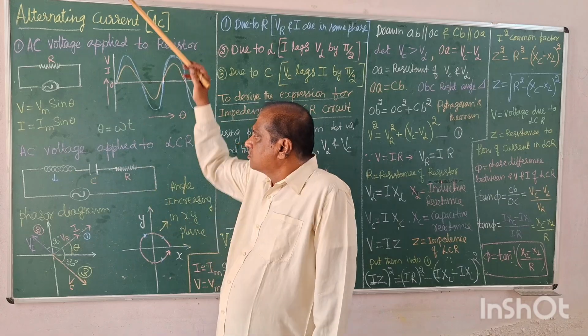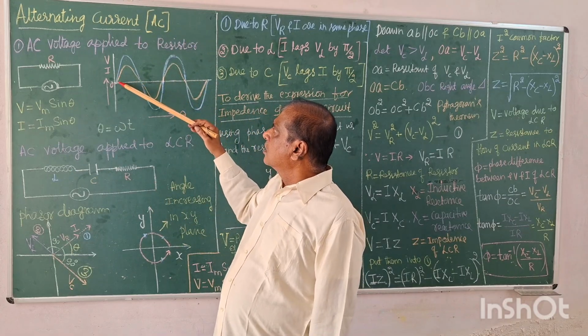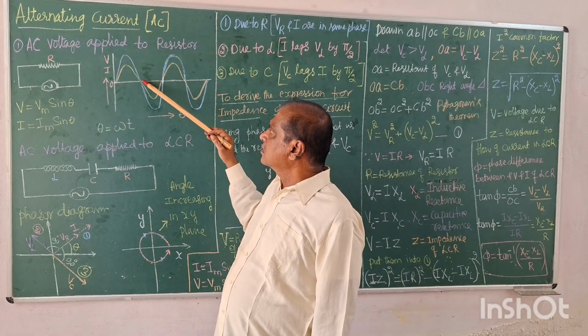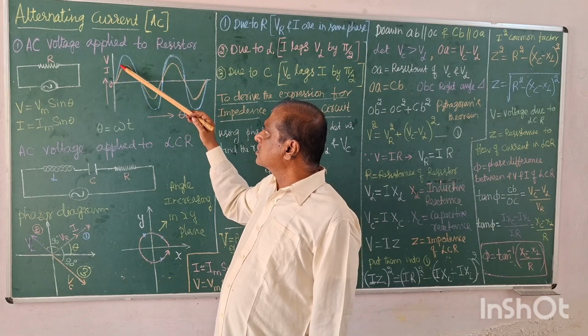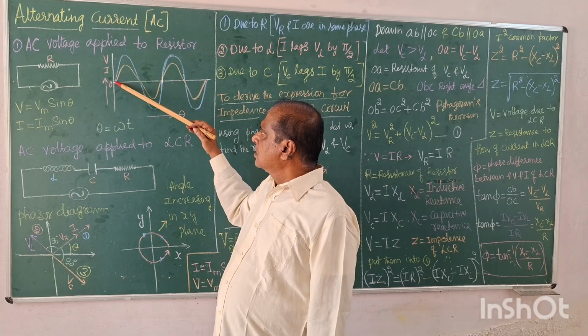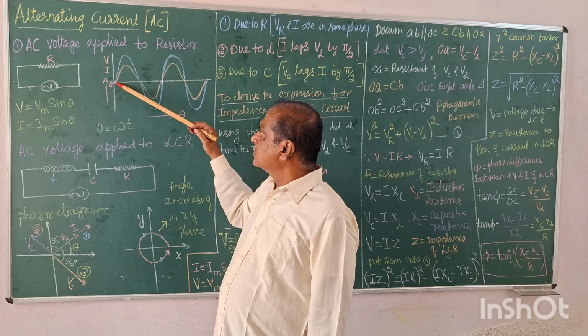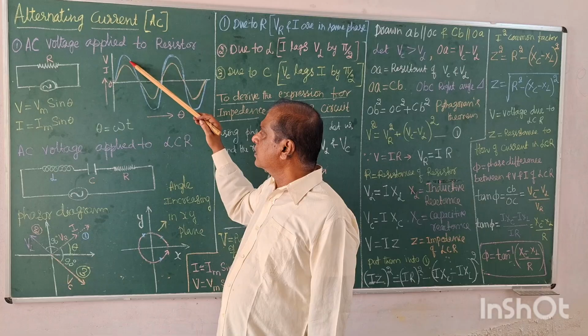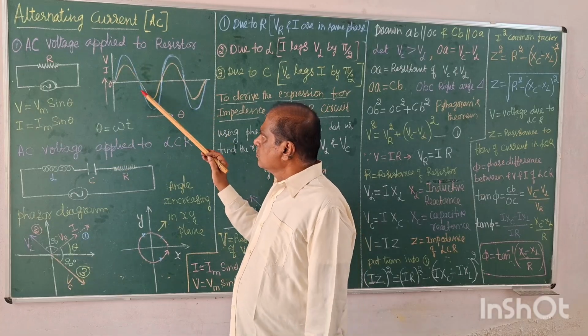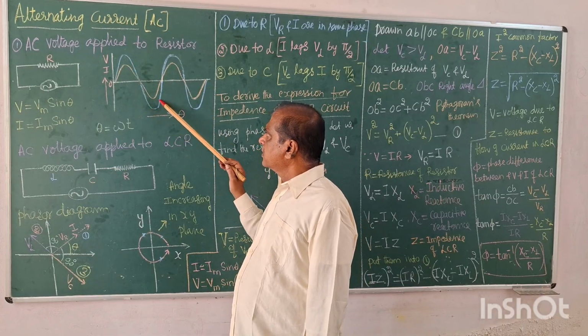In every half a cycle, I am recalling that, this direction indicates that the electric energy is stored up and released. Energy store up, energy release. Energy store up, energy release.